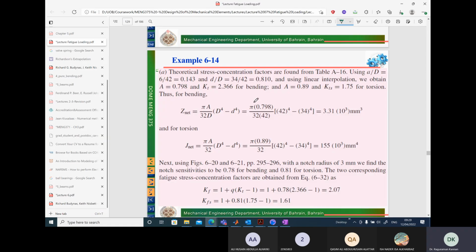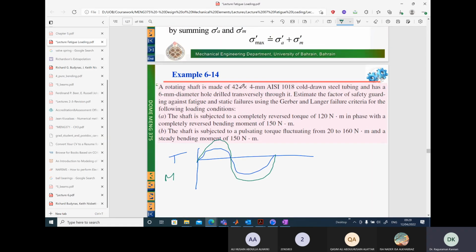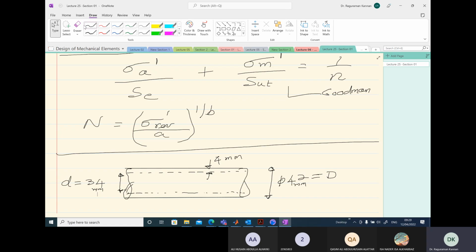Okay. Now, in addition to this, in the problem you are given, it has a transverse hole drilled into it, which is 6 mm diameter. Okay. So let's say before this, let's say we drill a hole. That means we drill a hole like this.